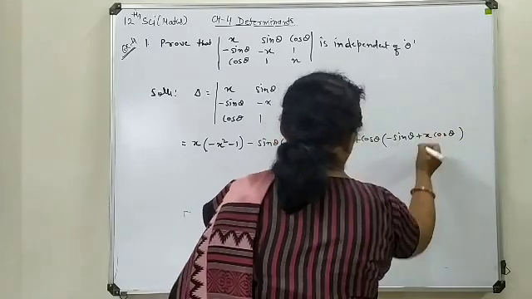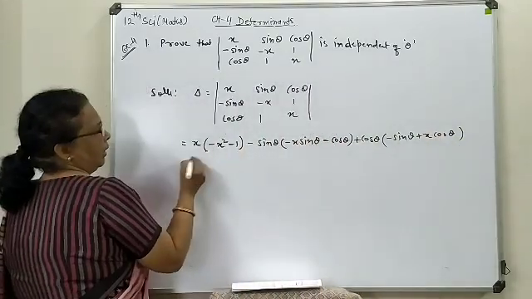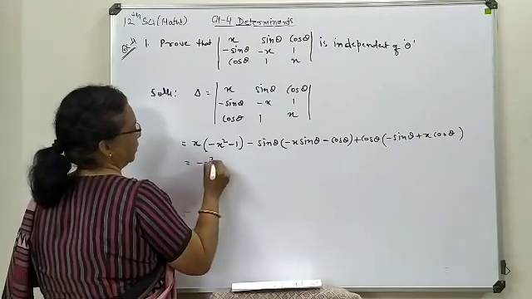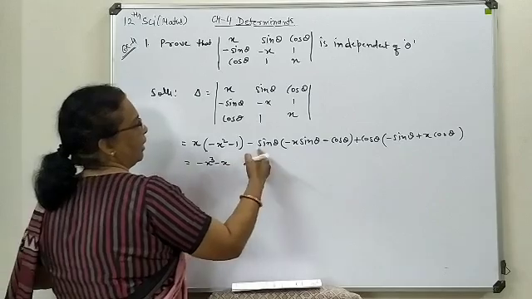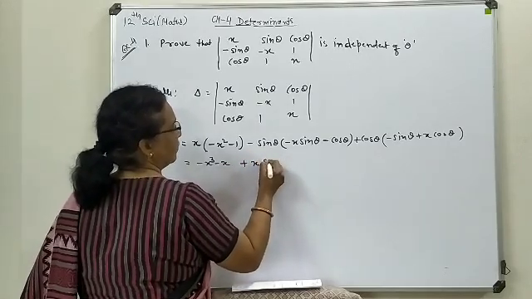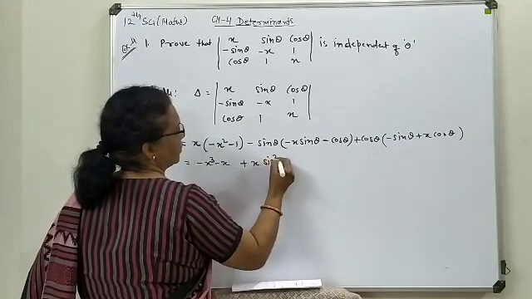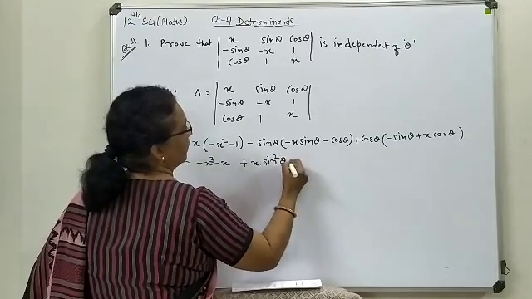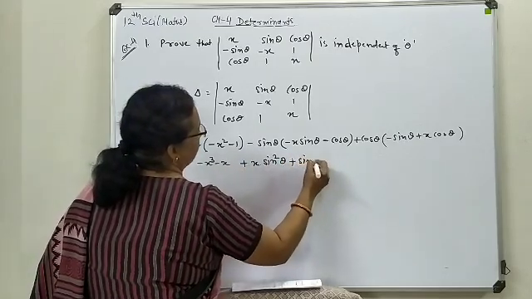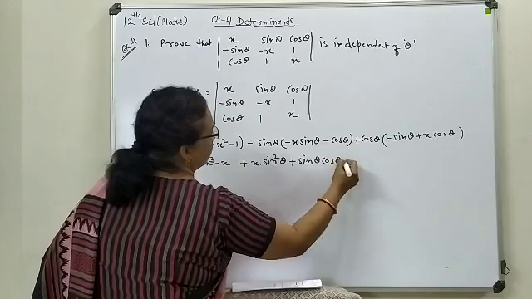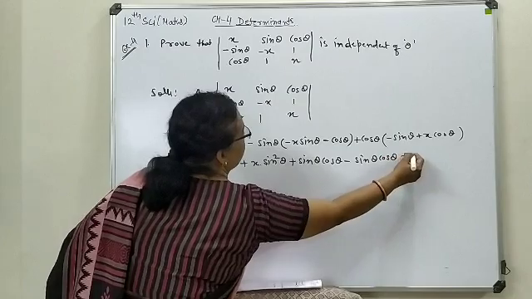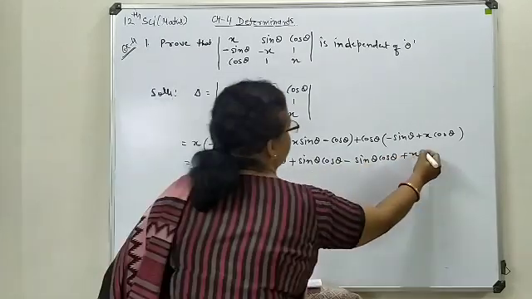Minus minus plus. Now multiply the outside terms. It is minus x cube minus x, here minus minus plus x sine square theta, here minus plus sine theta cos theta, here minus sine theta cos theta, and at last x cos square theta.